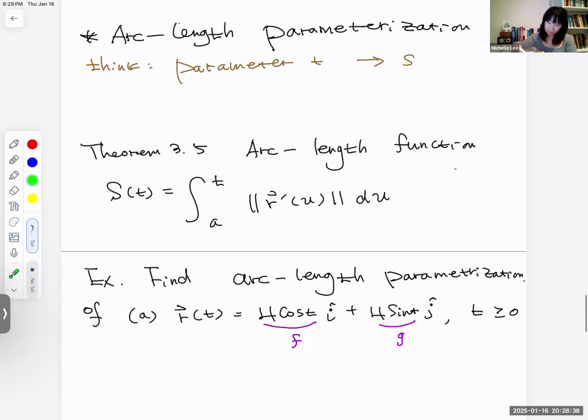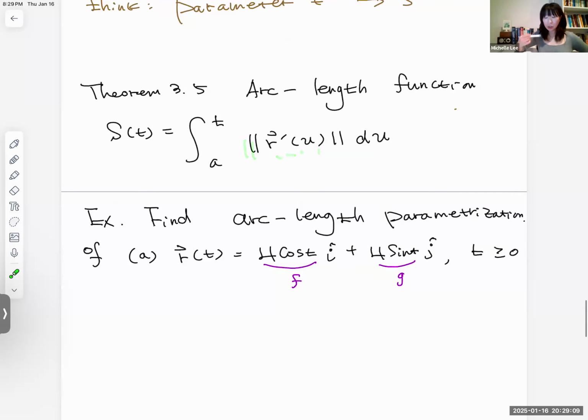Okay, so we have: find the arc length parameterization, right? And then we have r of t equals 4 cosine t i hat plus 4 sine t j hat. So we have a magnitude of r prime of u, so that means we can just treat t as u.